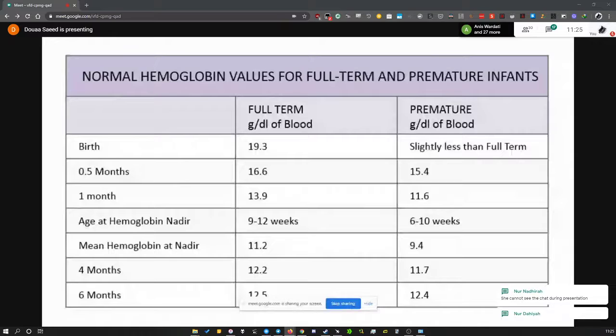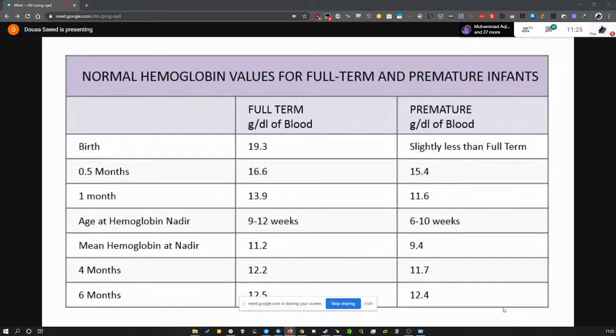The same thing in premature infants, but the values will be less than in full term. At birth their hemoglobin values will be less, and their decreasing trend will be lower. So instead of 11.2, it will be 9.4 at the nadir point, and then by 6 months it will start to increase again. This is important when we come to explain physiological anemia.